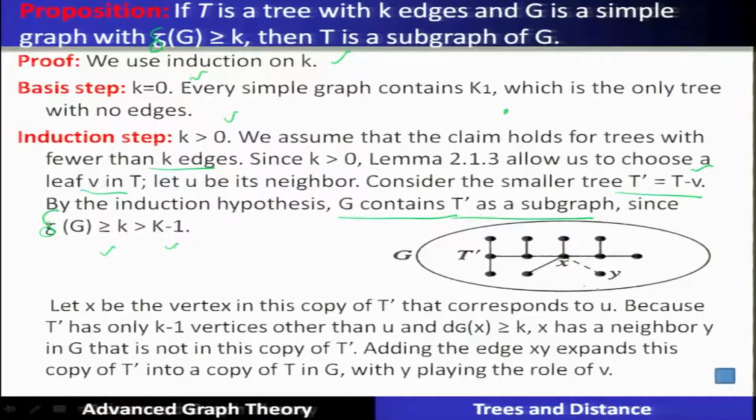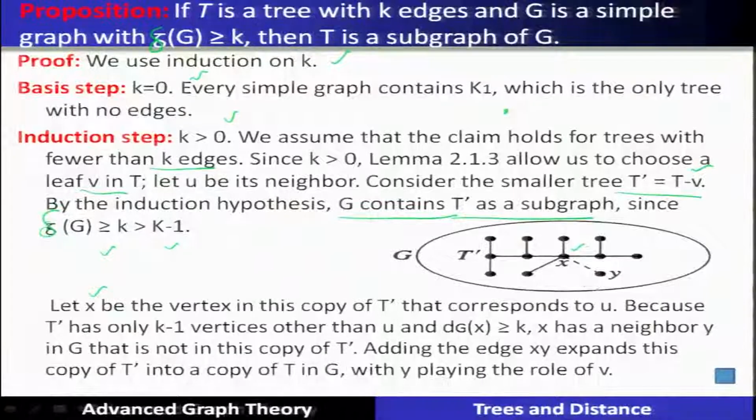Now let us go ahead and prove this induction step. Let x be the vertex in this copy of T prime that corresponds to u. Because T prime has only k minus 1 vertices other than u, and the degree of x is greater than k, as we have already seen, x has a neighbor y in G that is not in this copy of T prime.